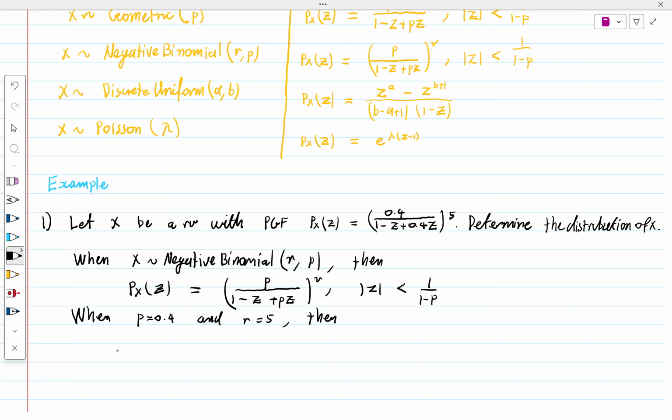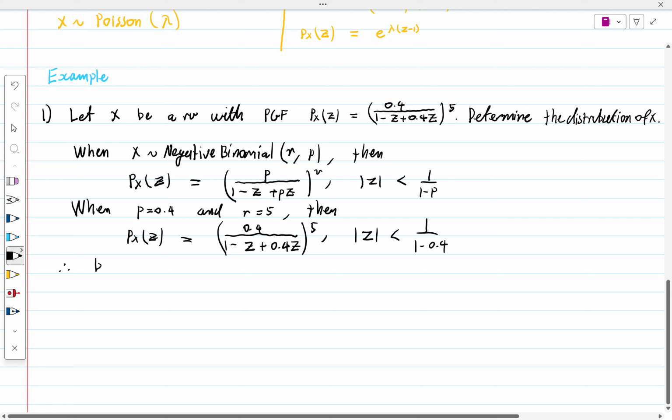then the probability generating function P_X(z) is equal to (0.4 over 1 minus z plus 0.4z) all to the power of 5 for absolute value of z less than or equal to 1 minus 0.4.